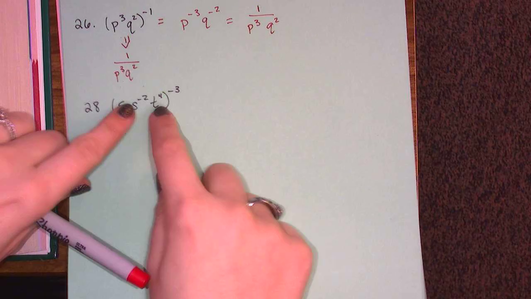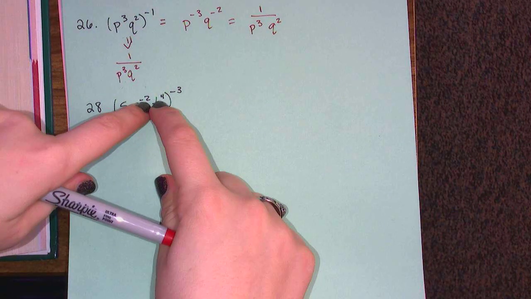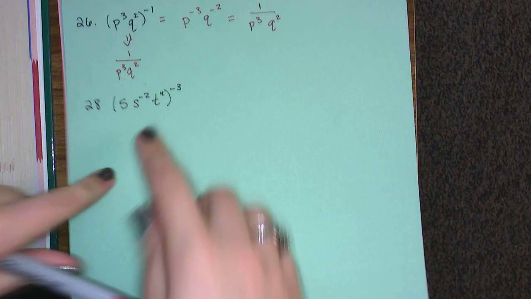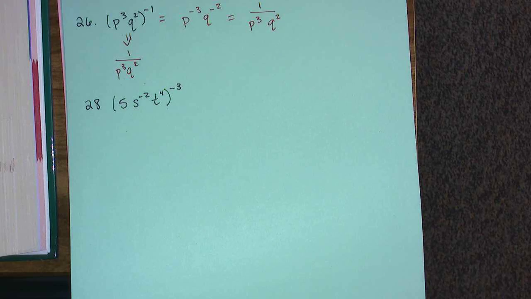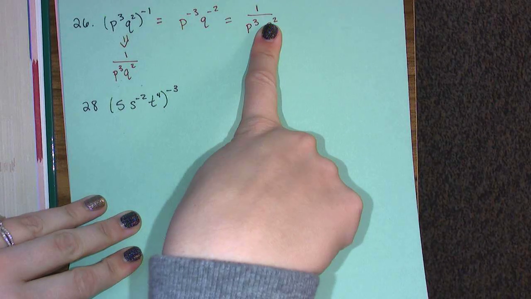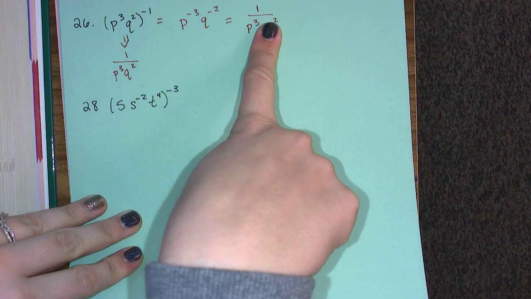But because these exponents are different, I would deal with this outer exponent going to each piece first and then work on it. Go this route first with one like this.